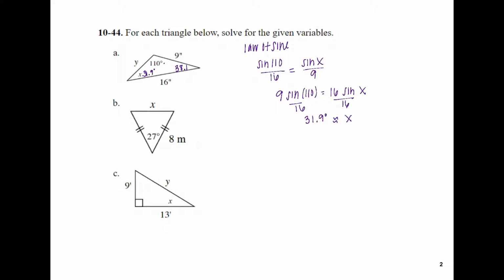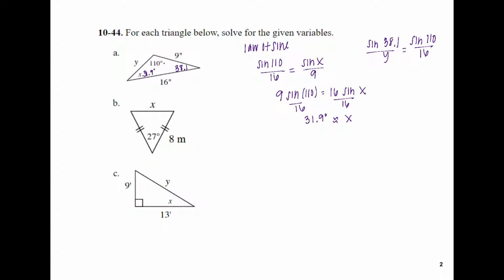We can then set up another ratio and say the sine of 38.1 over y is equal to the sine of 110 over 16.